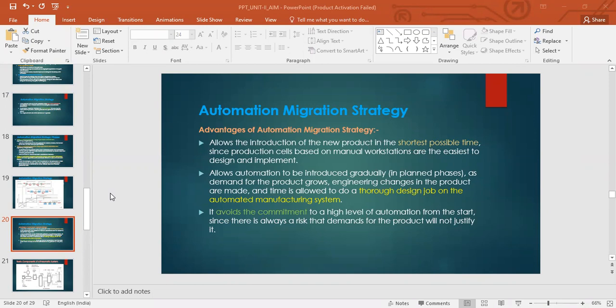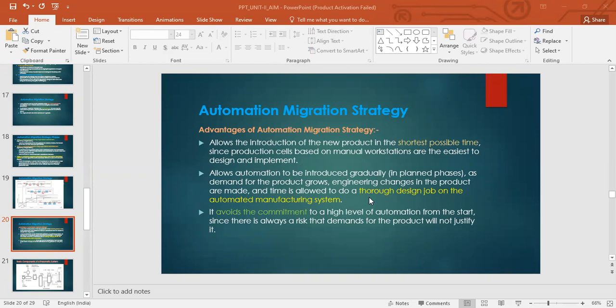So that is why we are firstly going for manual kind of production and then slowly and gradually introducing the automation so that all these engineering changes can be made, and there is time to do a thorough design job in the automated manufacturing system itself. Not just the product but also the manufacturing system that you have designed. You can accommodate, you can change, you can come up with a better design, right?